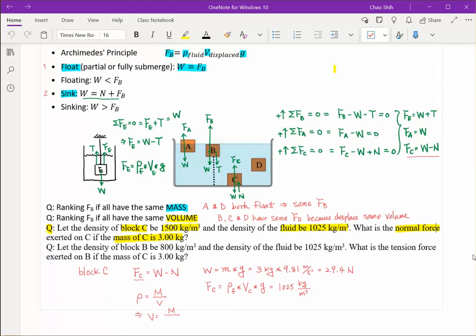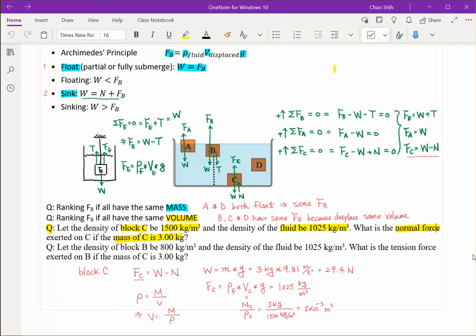So this one is equal to the mass of C divided by the density of C, and we know the mass is 3 kilograms. The density is 1500. Okay, so then you can find out what this is. The volume is 2 times 10 to the negative 3 meter cubed.